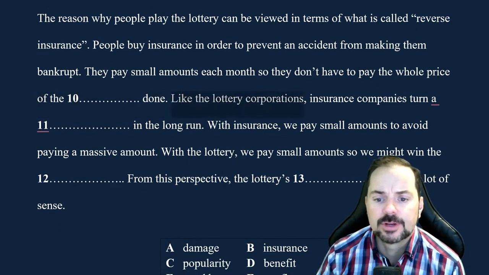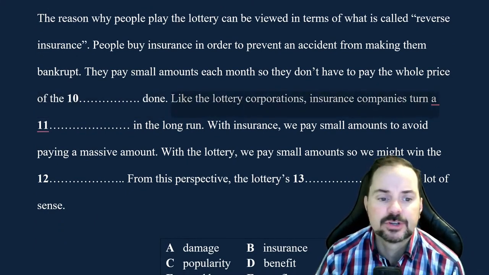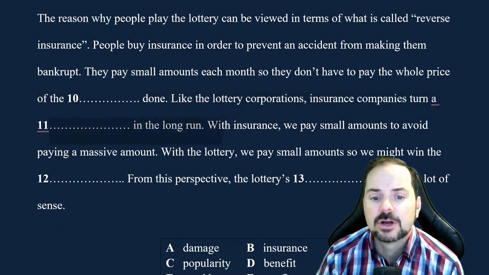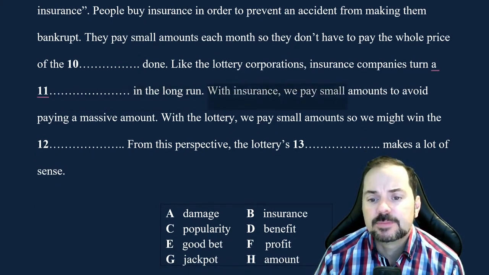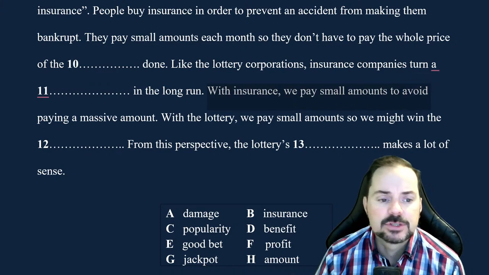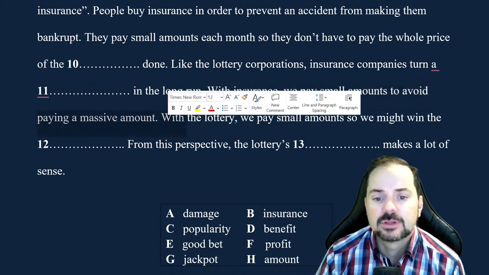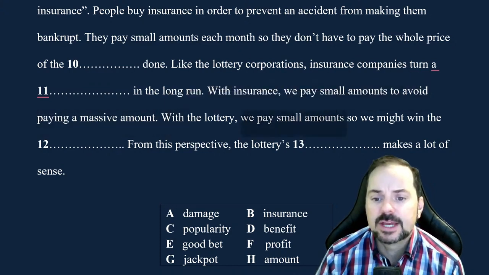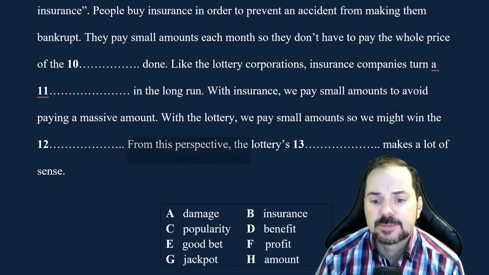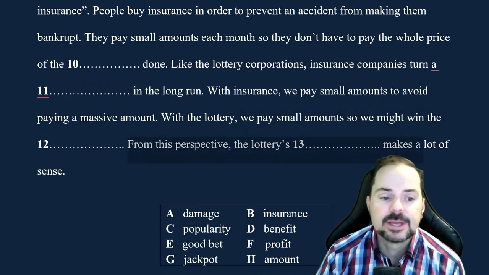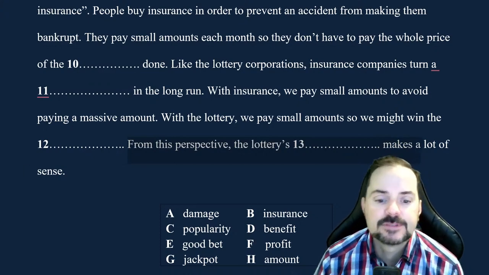Like the lottery corporations, insurance companies turn a something in the long run. With insurance, we pay small amounts to avoid paying a massive amount. With the lottery, we pay small amounts so we might win the something. From this perspective, the lottery something makes a lot of sense.